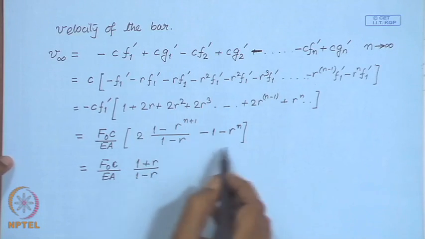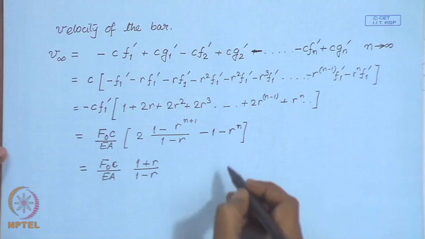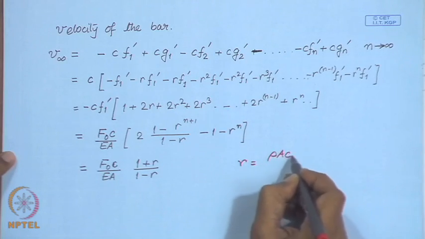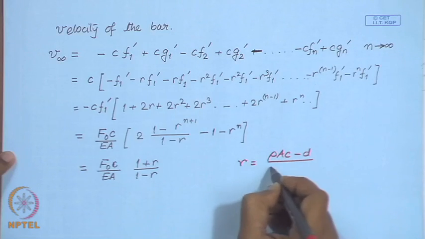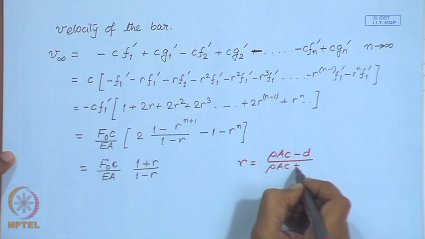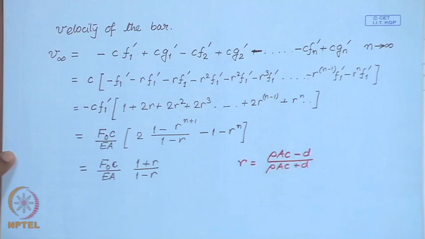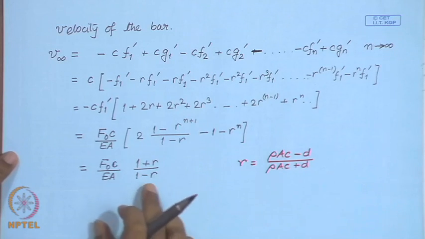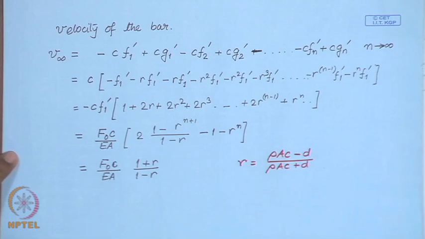And as you know, r is less than 1. So, the definition of r. Since r is less than 1, we can make this simplification.